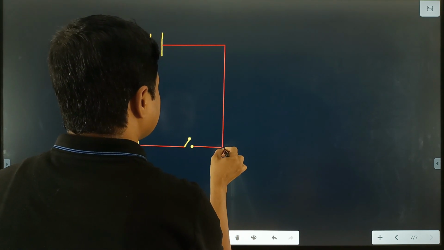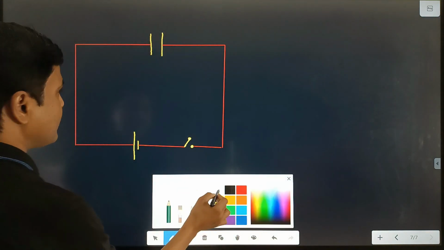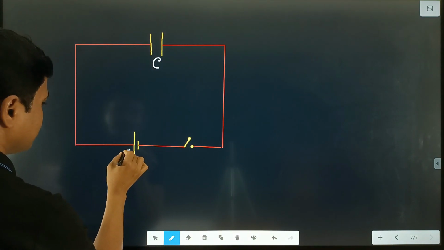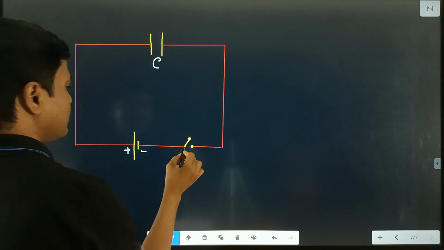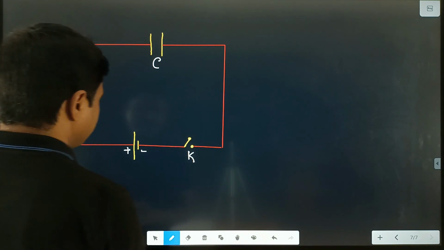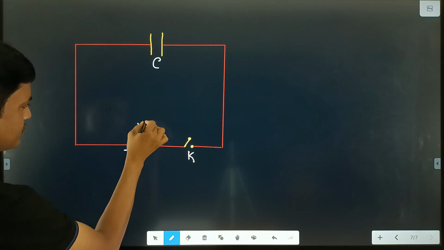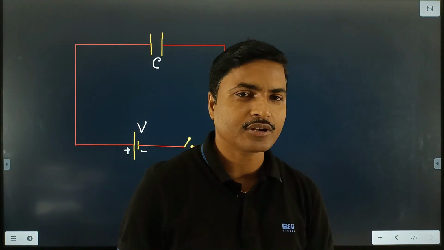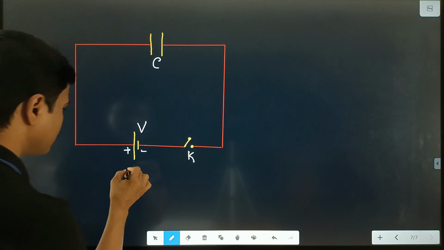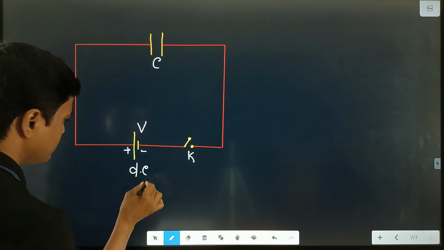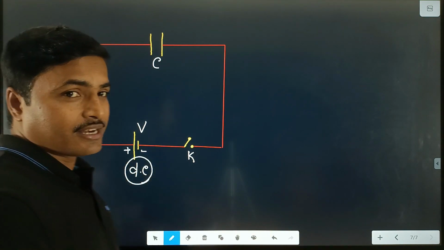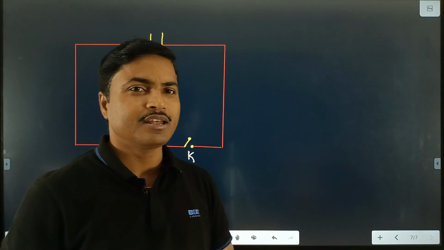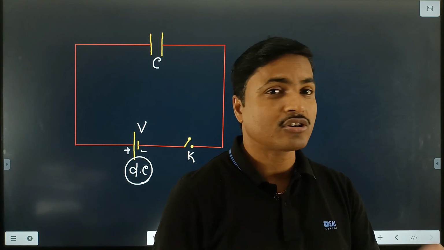Now suppose the circuit is closed. The capacity of this capacitor we write C, this is the battery, this side is positive, this side is negative, and this one is the key K. Its potential difference we write as V. That means if a battery is connected, the source is DC, because from a mobile battery or laptop battery we get direct current, not alternating current.